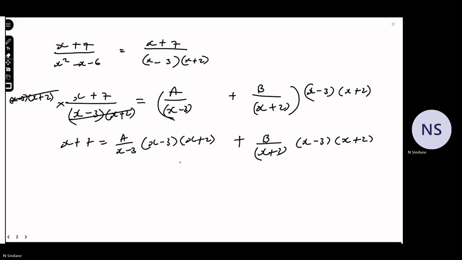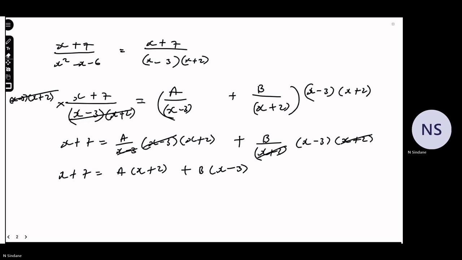You can see that these cancel, and then you'll have x plus 7 equal to a into (x plus 2) plus b into (x minus 3). This is what we have.